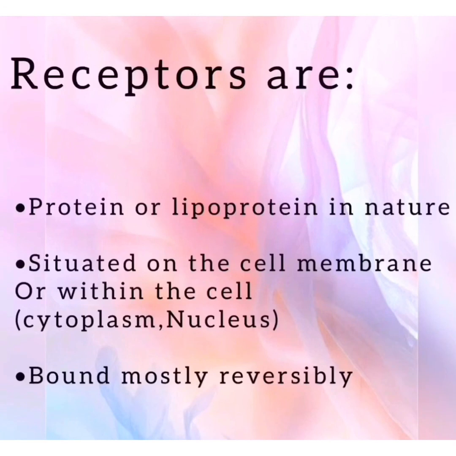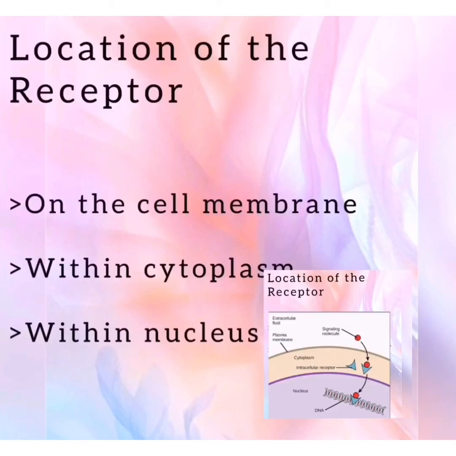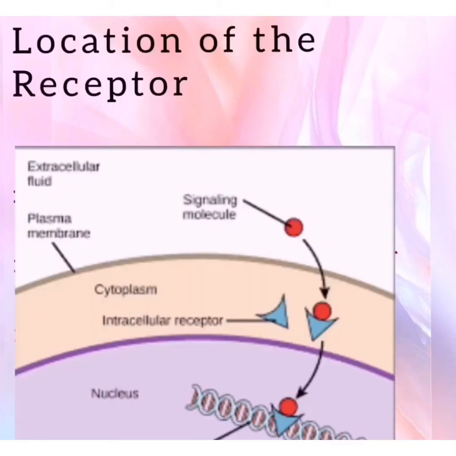Receptors are protein or lipoprotein in nature, situated on the cell membrane or within the cell, bound mostly reversibly. Receptors are either located on the cell membrane or within the cytoplasm or within the nucleus. As we see here in the picture also, extracellular, intracellular, and nucleus. These are the receptor sites.